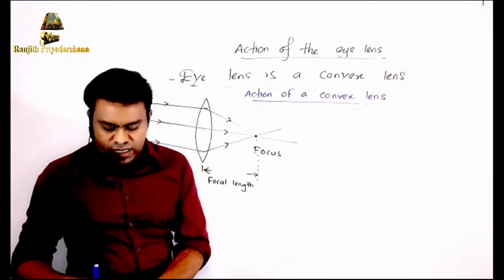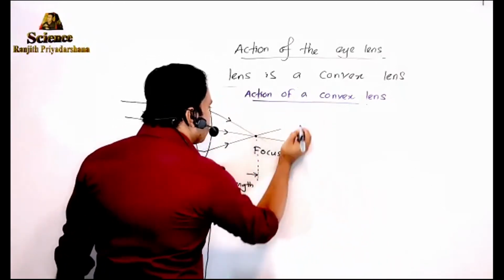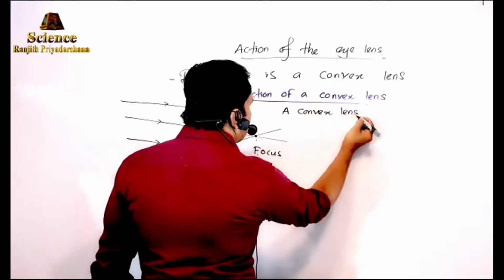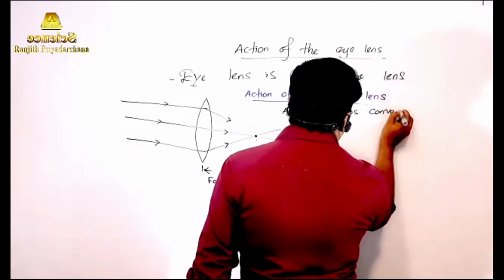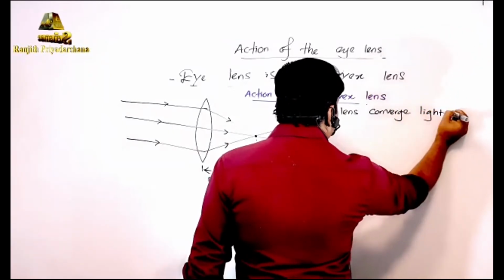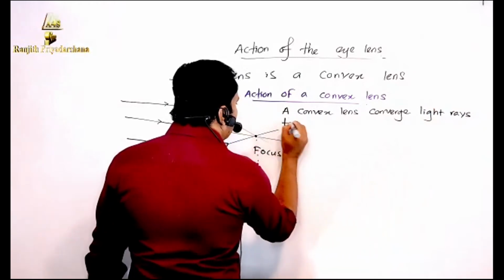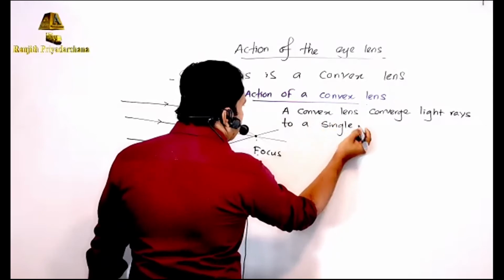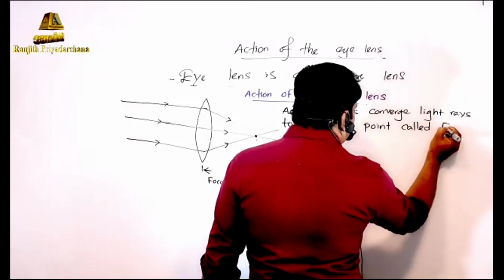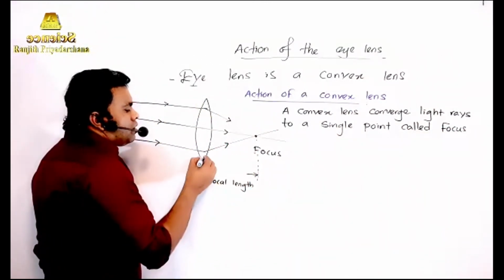Actually, what it does is convergence. A convex lens converges light rays to a single point called the focus.